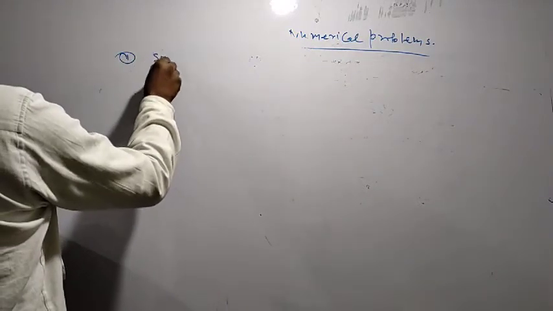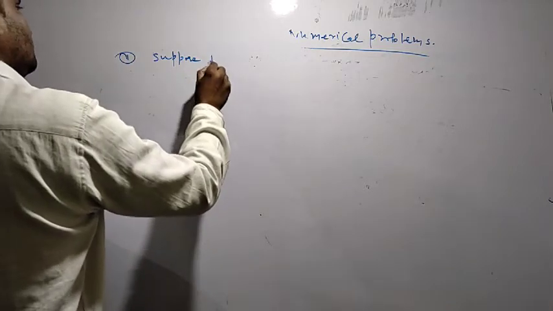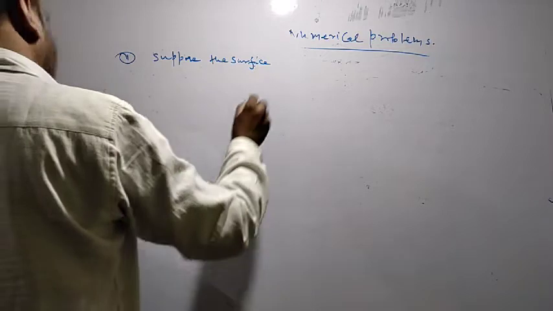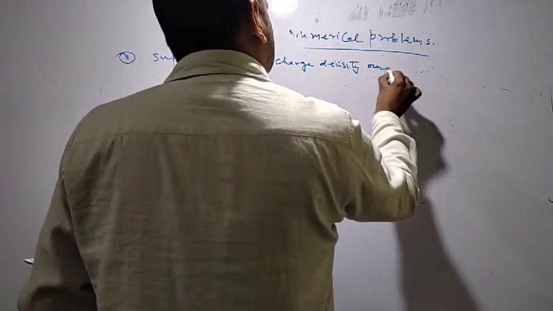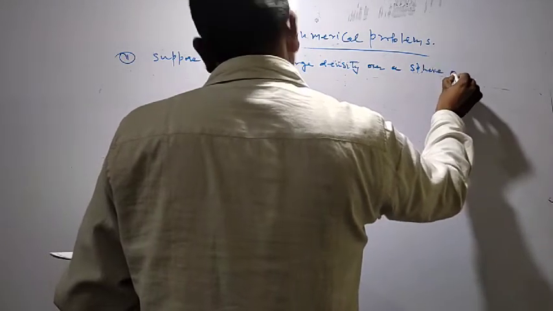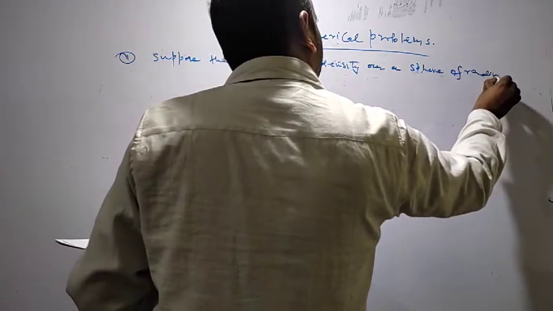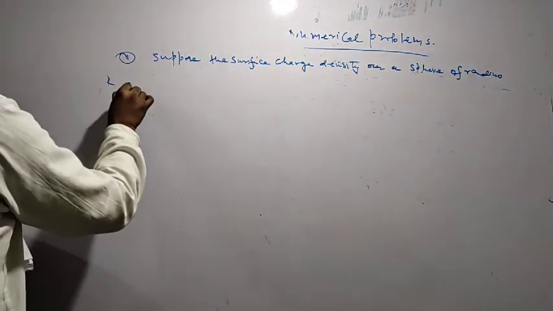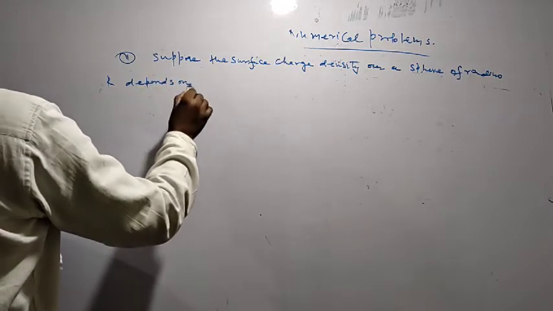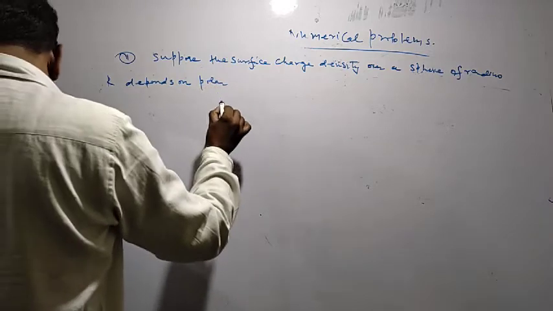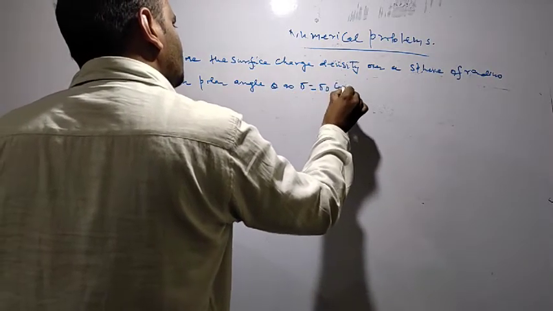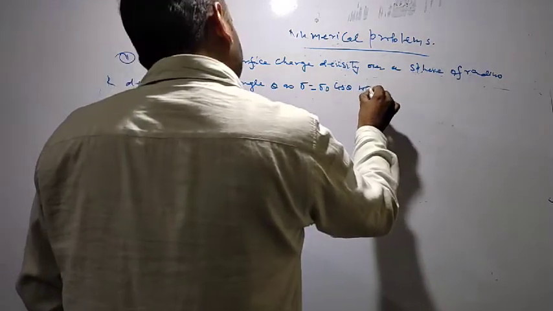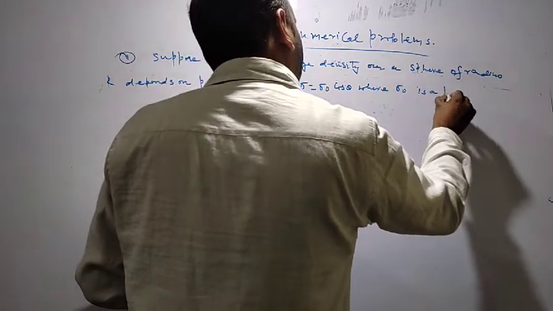The question: suppose the surface charge density over a sphere of radius r depends on the polar angle theta as sigma equals sigma naught cos theta, where sigma naught is a positive constant.